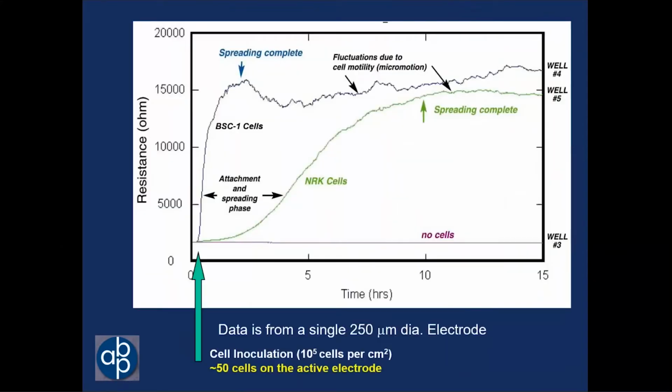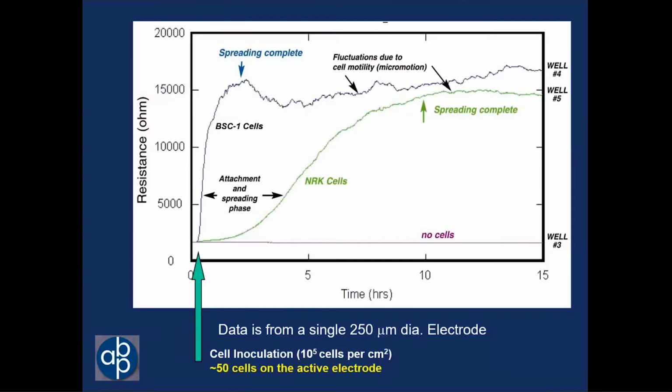Let me show you just some typical data as we inoculate one of these small 250 micron diameter electrodes. Here we've chosen 2 different epithelial cells, BSC1 and NRK cells, and these are introduced shortly into the beginning of this run. We're monitoring the resistive portion of the impedance here using a 4,000 hertz signal.